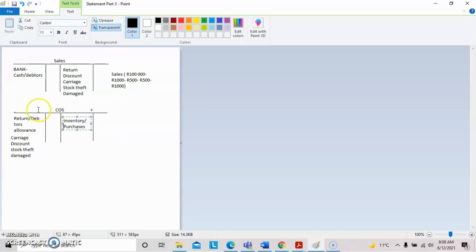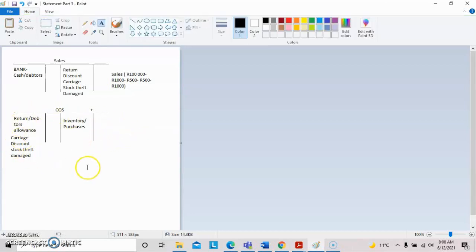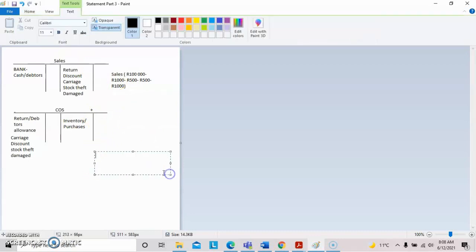Okay, so here you have the accounts. With this, it's basically the same thing for your income statement. With your income statement, obviously, you will put the line item cost of sales, right? Cost of sales. Okay, and then after putting your cost of sales, you know how much the cost of sales was. Let's say it was 50,000 rand.